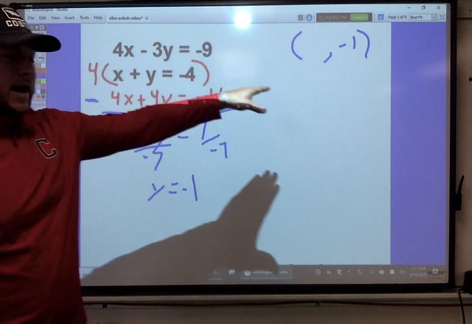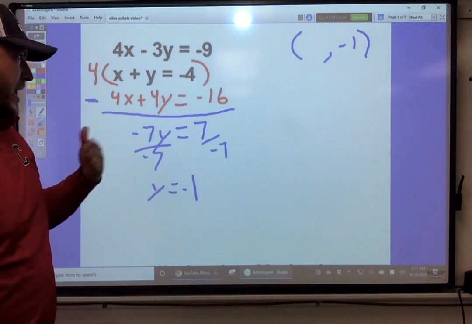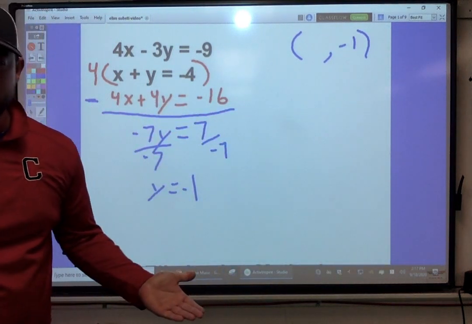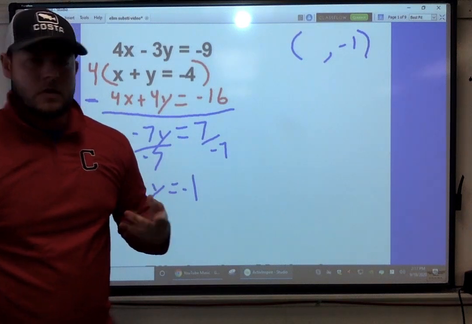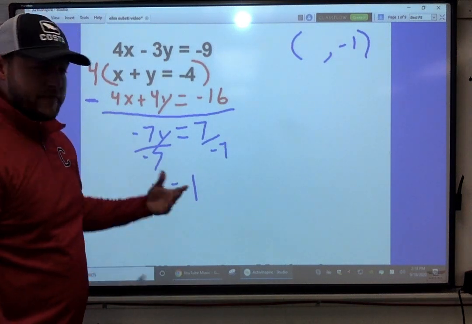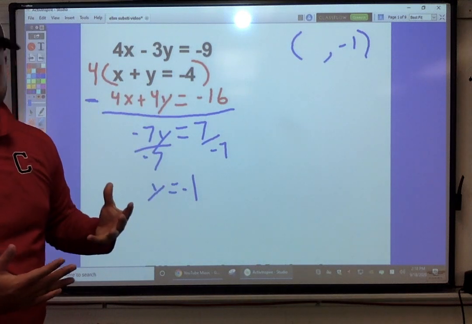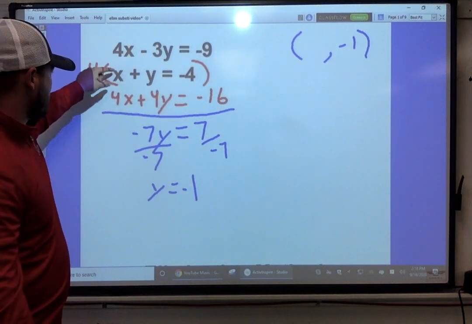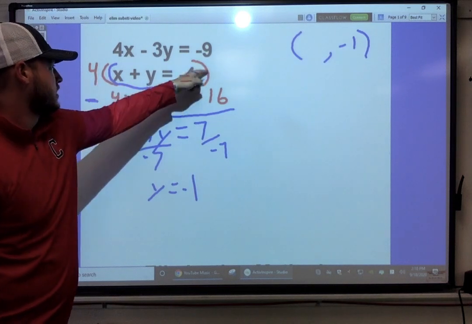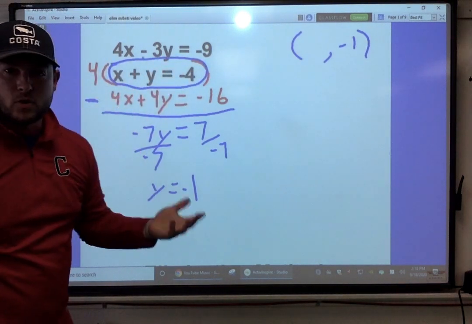So we know the y, now we got to find the x. How can we do that? Somebody say it. Let's plug in this y, this negative 1, into one of our equations. It doesn't matter which one we use, right? I'm going to use this bottom one here because, let's face it, that's kind of the most simple equation up there.